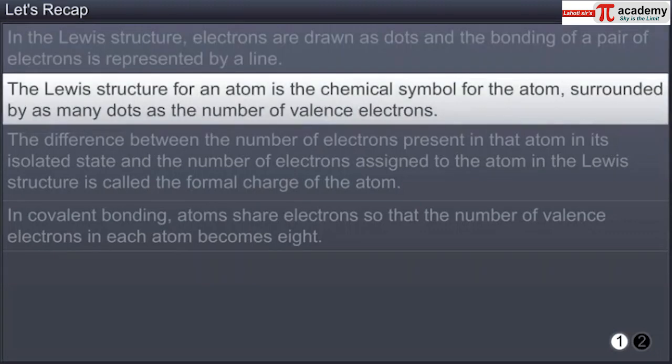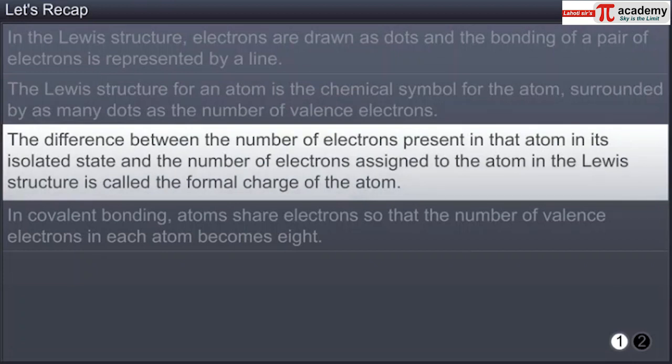The Lewis structure for an atom is the chemical symbol for the atom, surrounded by as many dots as the number of valence electrons. The difference between the number of electrons present in that atom in its isolated state and the number of electrons assigned to the atom in the Lewis structure is called the formal charge of the atom.